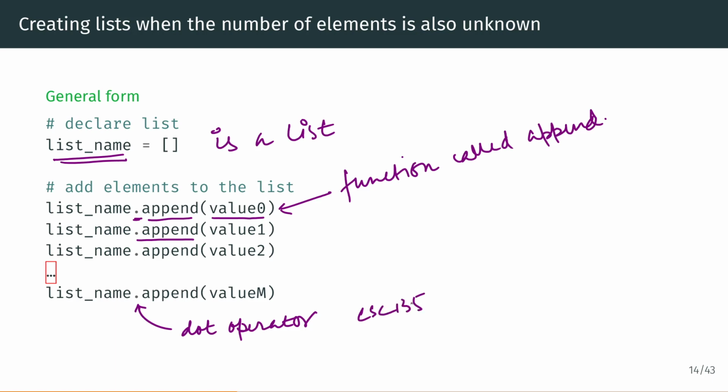This is part of something called object-oriented programming. A list is essentially an object, and the dot append is a method or a function of that object. So if you don't understand this, don't worry about it. Just memorize this: append means adding, and you add values to an empty list using this function called append and the dot operator right here.